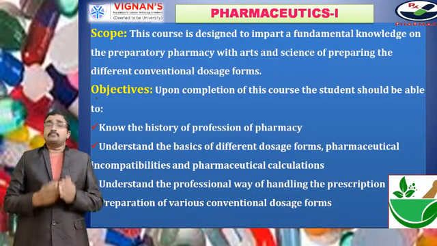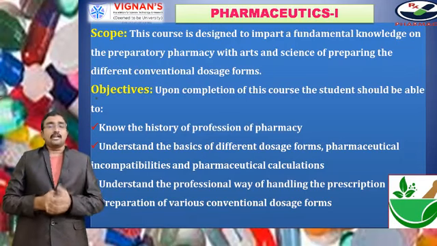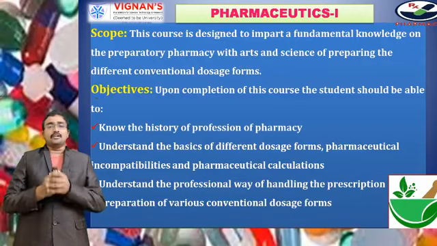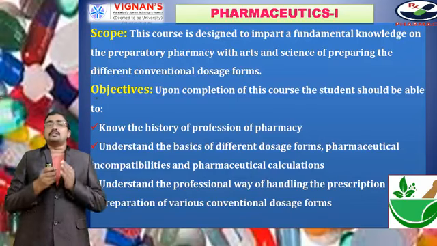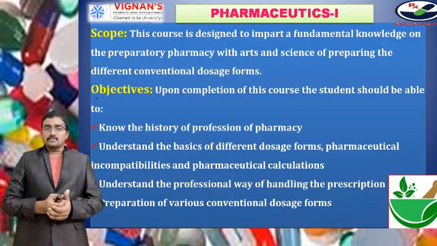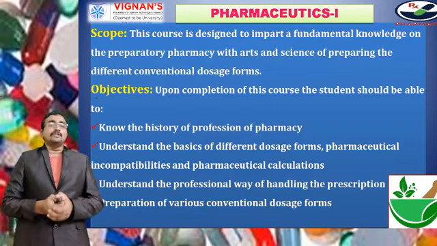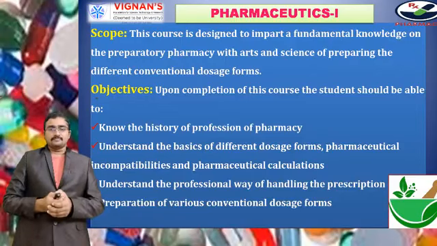Incompatibilities are possible between the API and the excipients, and the basic calculations involved in the pharmaceutical area, the pharmaceutical calculations. This course also covers the professional way of handling the prescription, and the preparation of various conventional dosage forms.